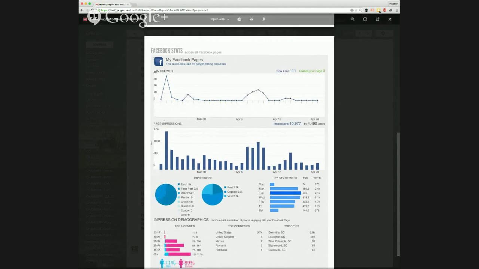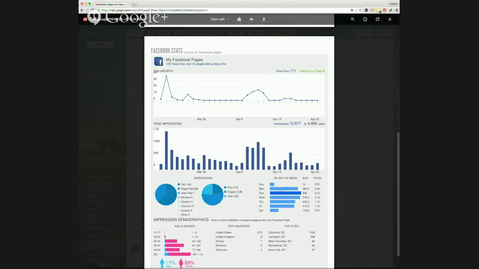If you go down to this section talking about the page impressions, you can see another chart, and it's giving you indications of the days of the week where there's more activity in general throughout the time frame.